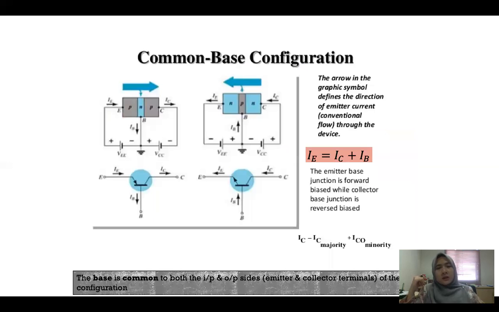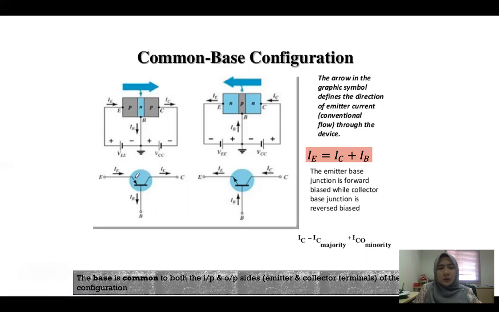So now let's look at how this common base works. Referring to the figure here, the arrow in the graphic symbol defines the direction of emitter current, because this one is PNP. Look at here, this is the PNP.